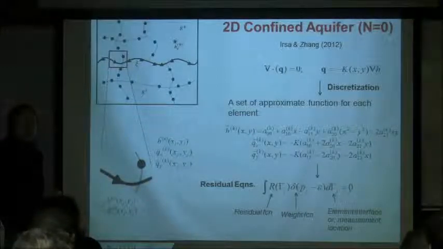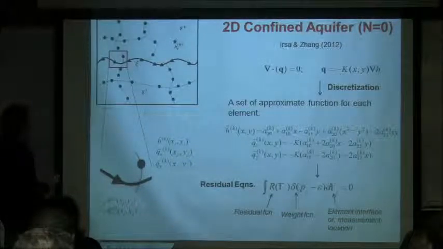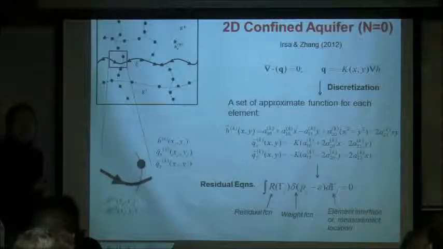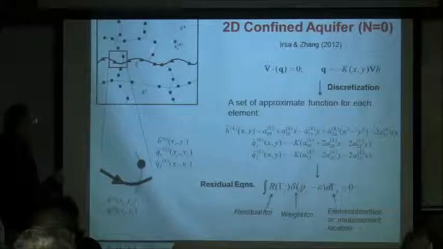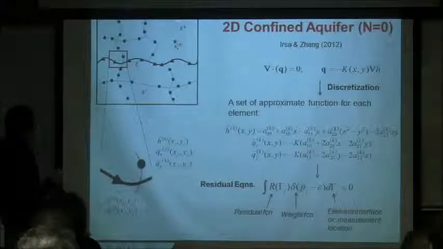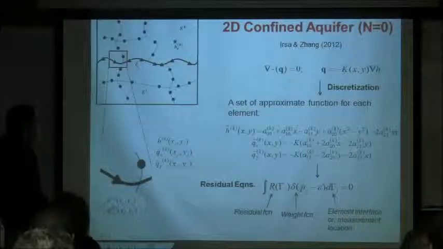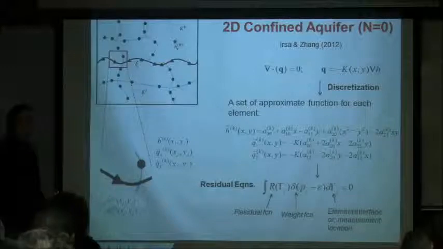These functions are written such that they satisfy the flow equation locally within a homogeneous zone where K is constant. Globally, we have different K zones, but locally, K is constant either within a cell or within a zone, so we can write a simple function that satisfies the Laplace equation when K is constant.